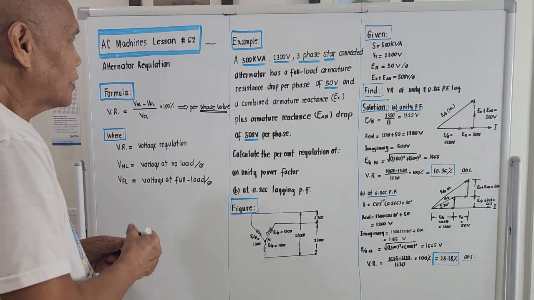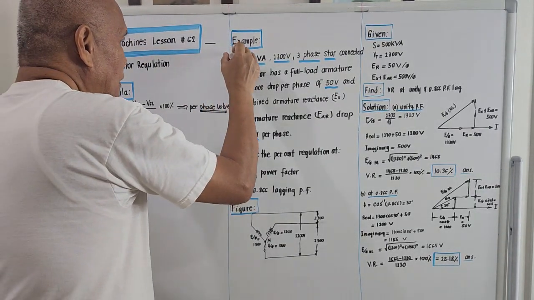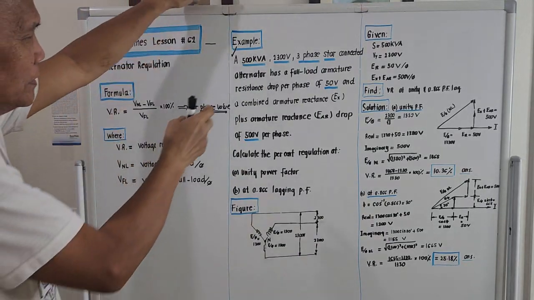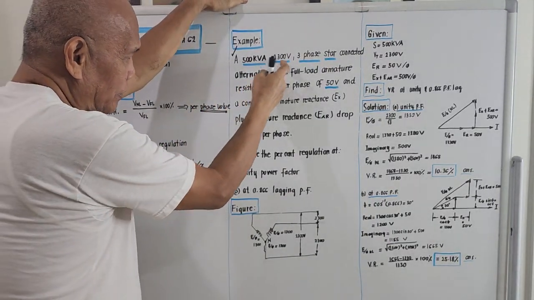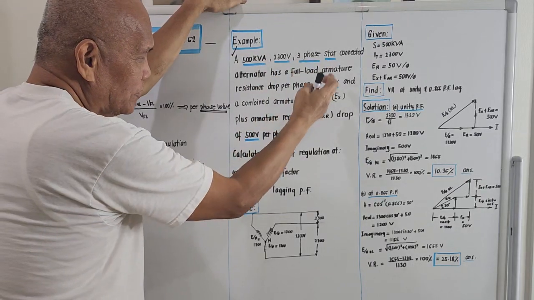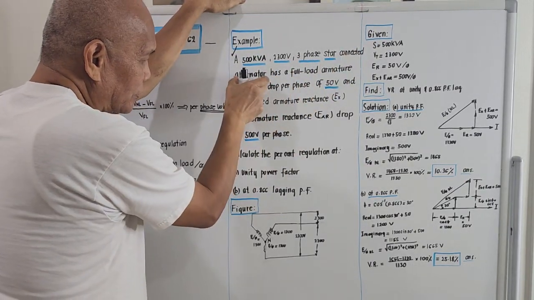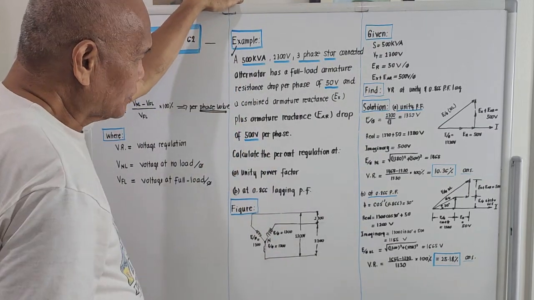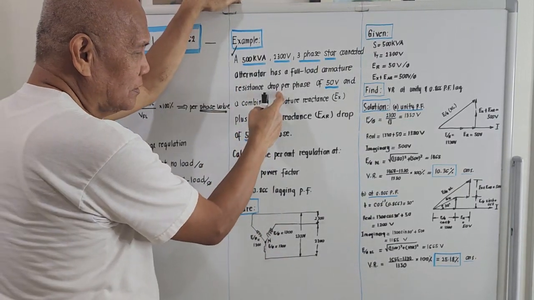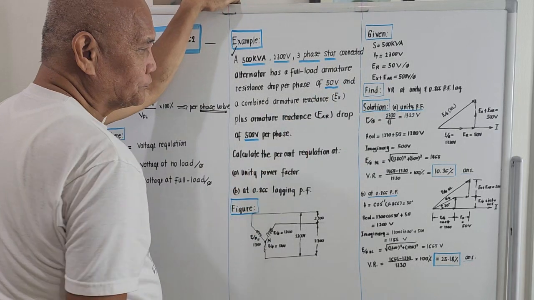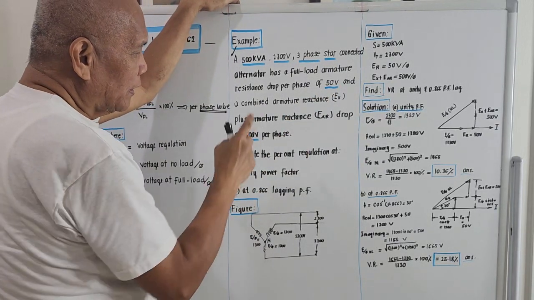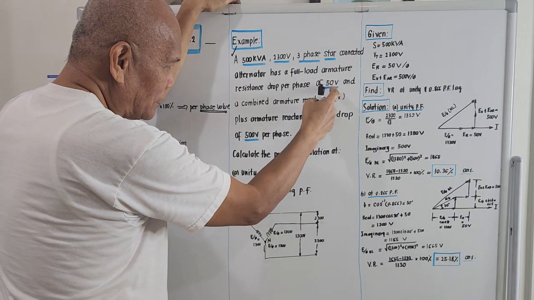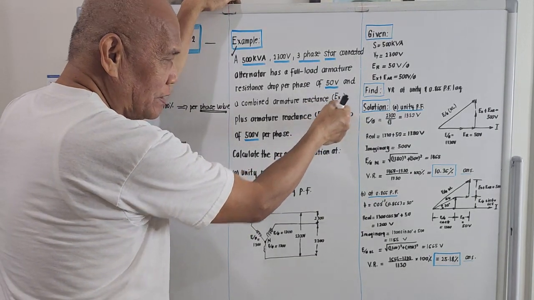Okay, I will try to read the problem. A 500 kVA, 2300 volt, 3-phase, star-connected alternator has a full load armature resistance drop per phase of 50 volts and a combined armature reactance, capital letter E with the subscript AX.